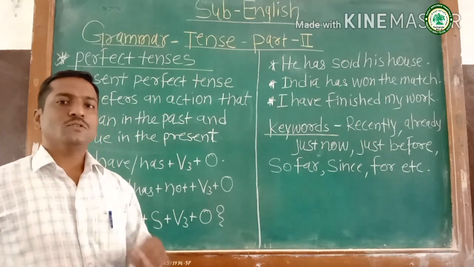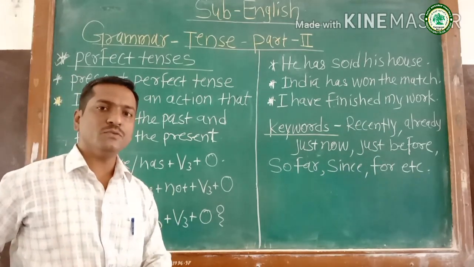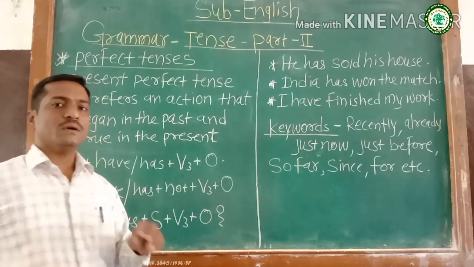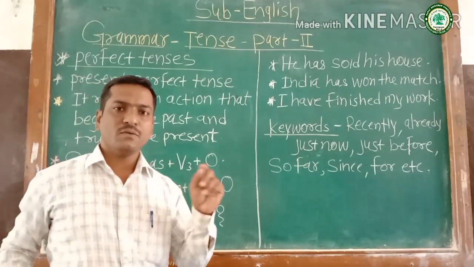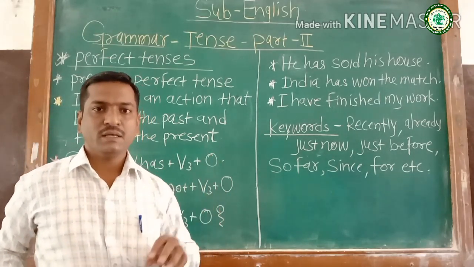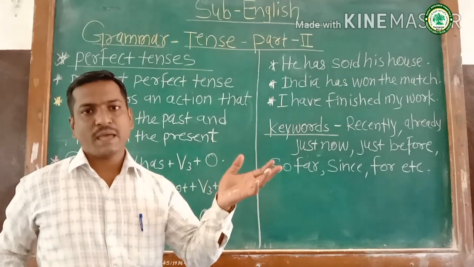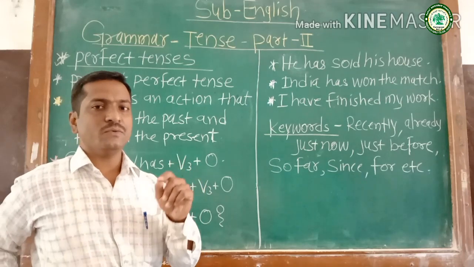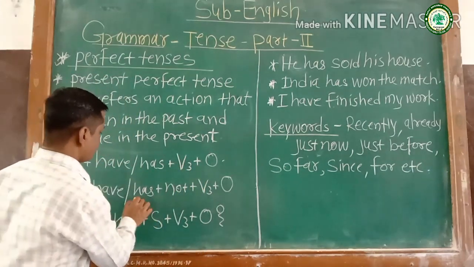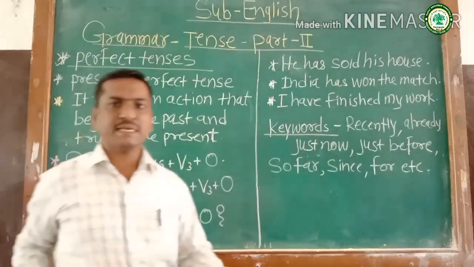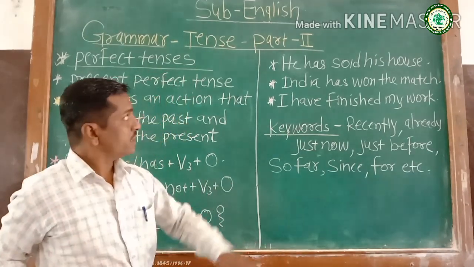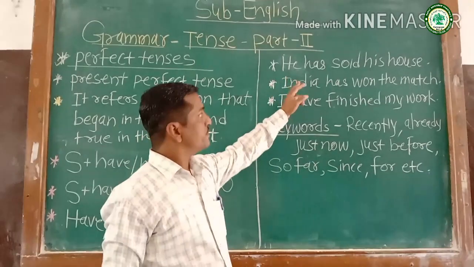Students, the question will be when we use have and when we should use has. When the subjects are I, we, you, they, we use have, and when the subjects are he, she, it, we use has. Students, let's take some examples of present perfect tense. Here are some examples.